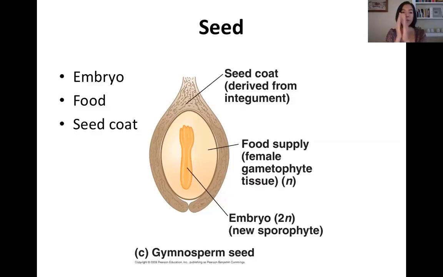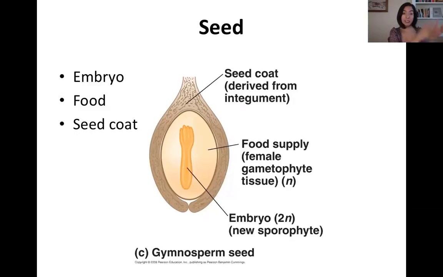Okay, so we have the embryo, we have the food supply, and then what's going to be very important is the seed coat. And the seed coat is going to provide protection. So you can think about protection from things eating it, like fungi or bacteria, but also environmental factors.